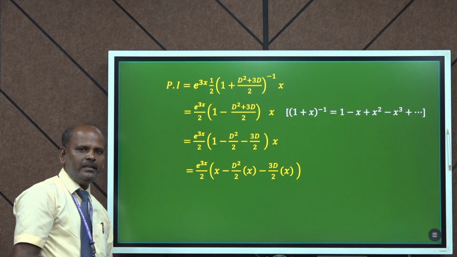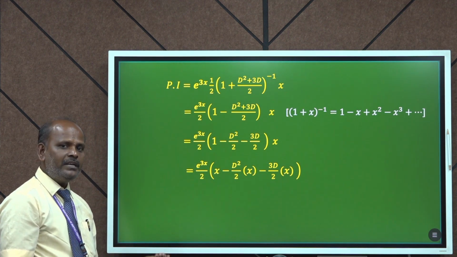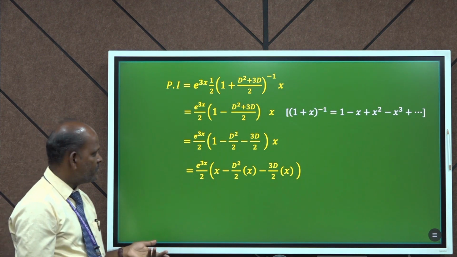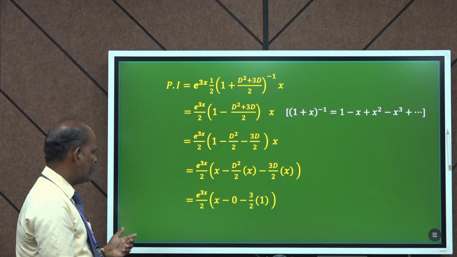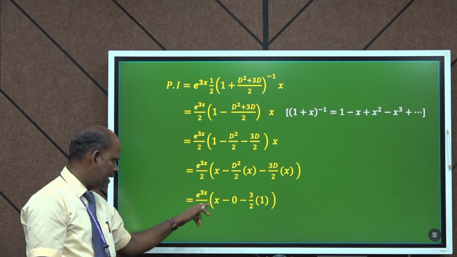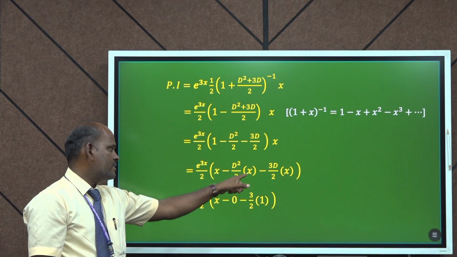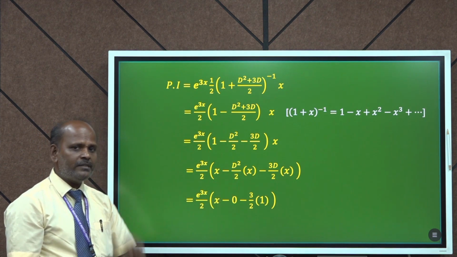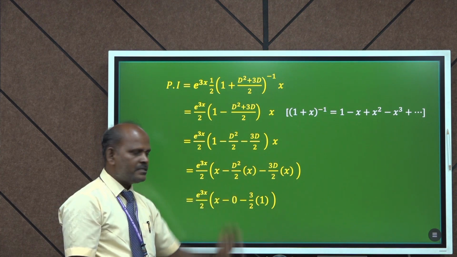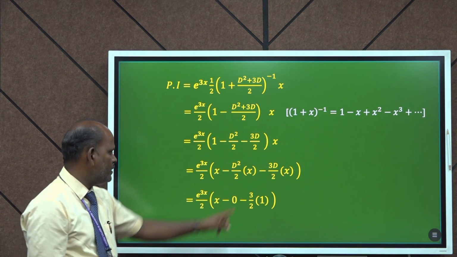And we know that capital D is d by dx. So D means differentiation with respect to x one time, D square means differentiation with respect to x two times. Therefore this becomes e power 3x divided by 2, x minus the differentiation of x with respect to x two times, which becomes 0, so 0 minus 3 by 2 into the differentiation of x with respect to x one time, which is 1.